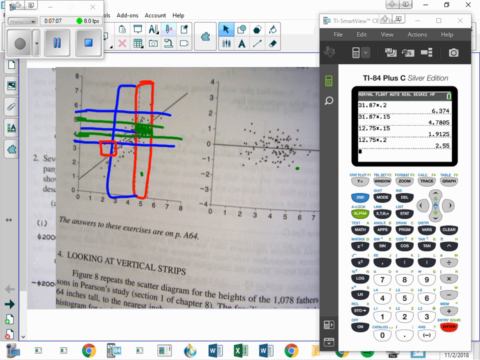And I can do that with every column, which is why over here, the SD of every column is exactly the same, which is the SD of the RMS error. Okay?